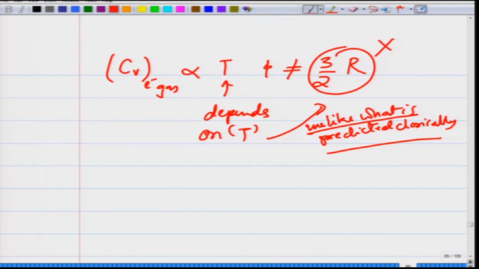So, now how do we understand this specific heat of the electron gas, and how does it develop a temperature dependence? Let us try and understand that, and that comes again from Sommerfeld's picture.